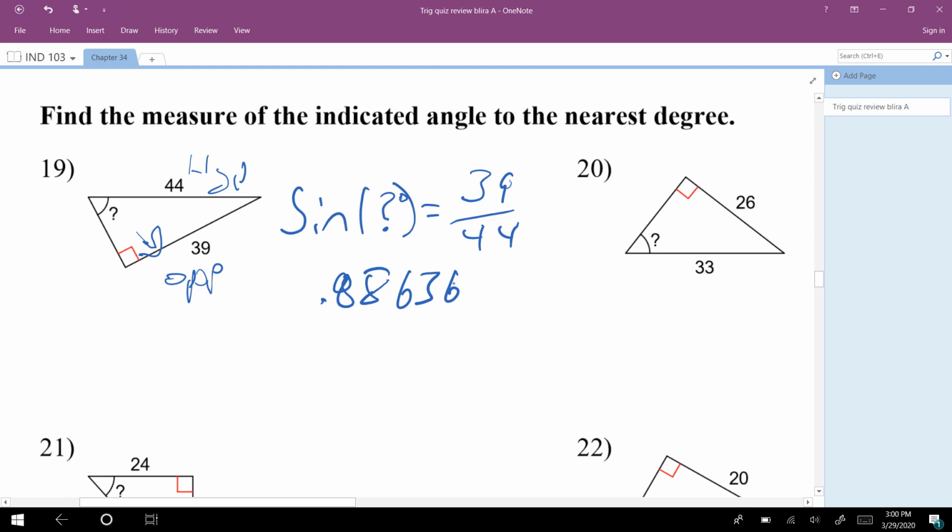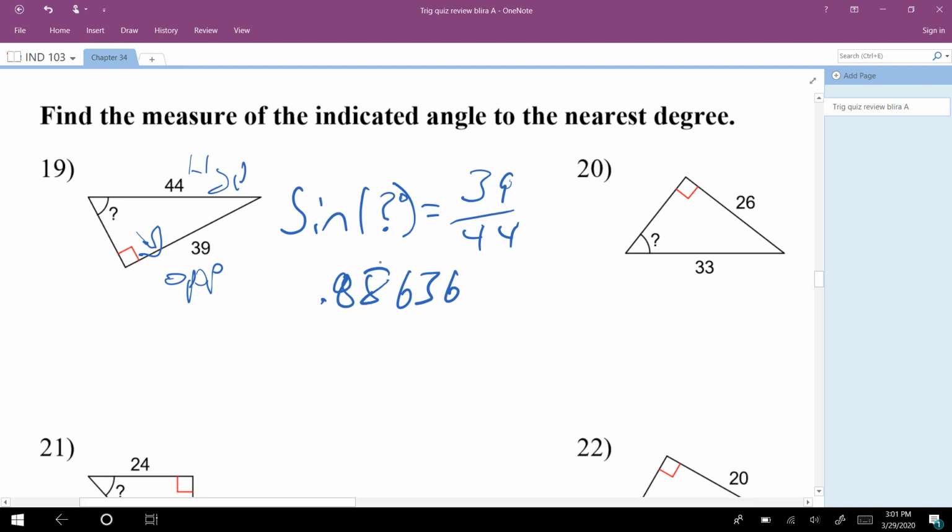Now, if you put this in and type sine 0.88636, enter, you're going to come up with something like 0.015469283. You're going to come up with a very small angle if that's what you think it actually is, but it's not. This is where our arc sine comes in handy.